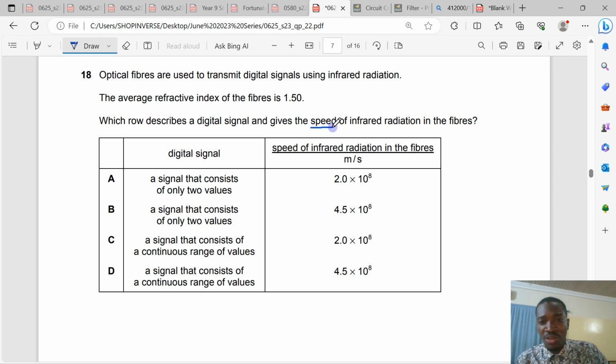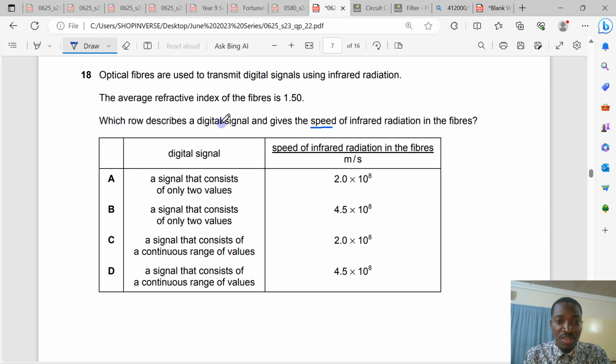So the speed of infrared radiation in an optical fiber is close to that value. Not the exact value, but very close to it. This is more than the speed of light, so it definitely can't be this. So these two are correct values for the speed of infrared in the optic fiber.